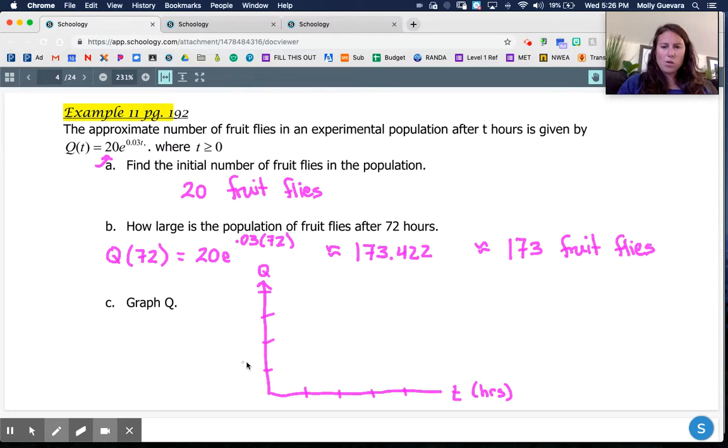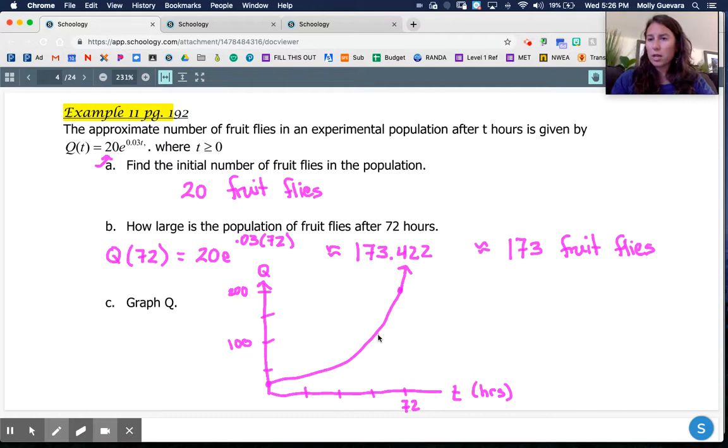If I call this 72, then I can call this 200, and this is 100. I know there's 173 at 72, ish. And I know at 0 that there's 20, so this is 50, and here's 20-ish. Two points is enough to sketch it, but if you want more points on your own, you can use the table feature on your graphing calculator, or just plug in other points.